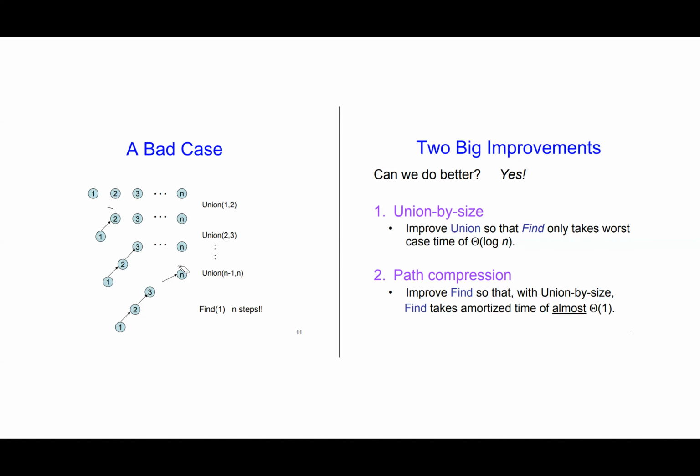Now the thing is, although each of the unions was an order of 1 operation, because they were straightforward, from 2 to 3 there was a link created, that's it. But the thing is, the find becomes order of n.